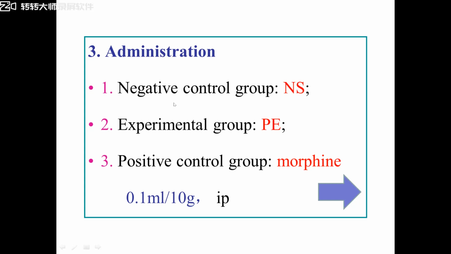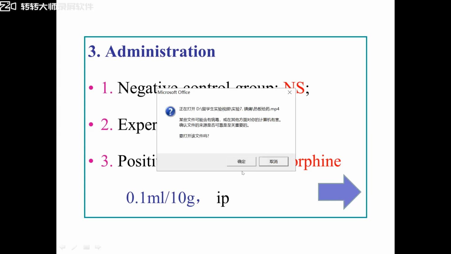Okay, let's do the lab. These three drugs in different mice, we use the same method, intraperitoneal injection, same dose, 0.1 milliliter for each 10 grams.